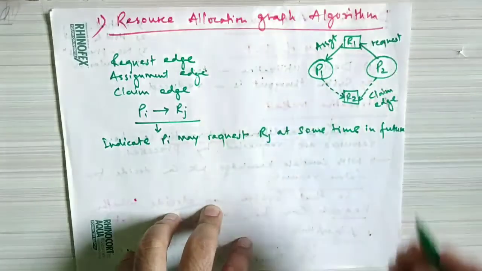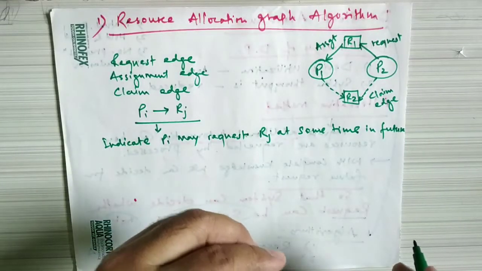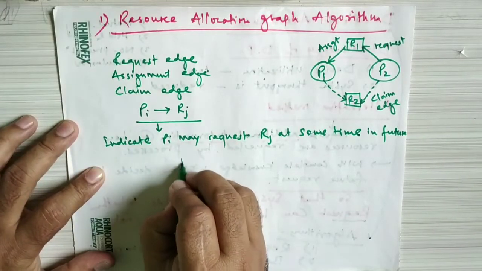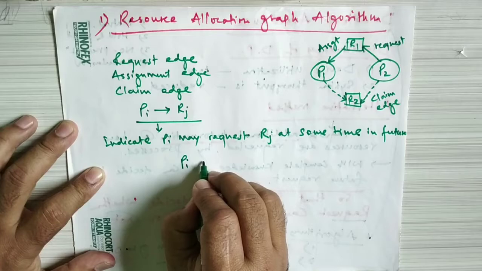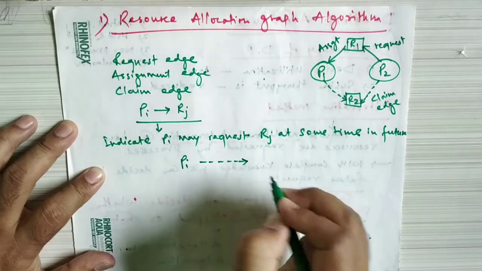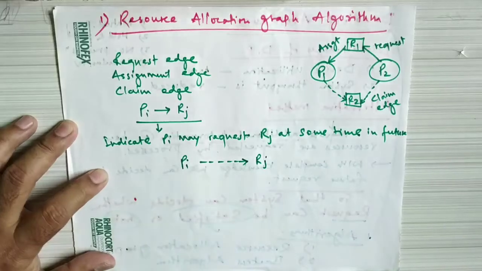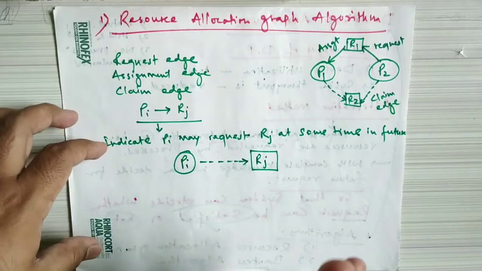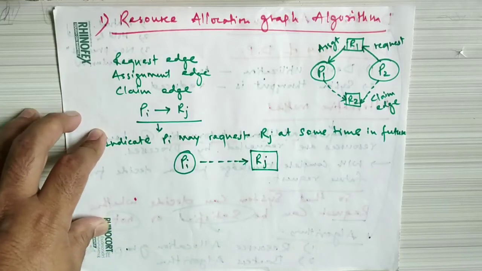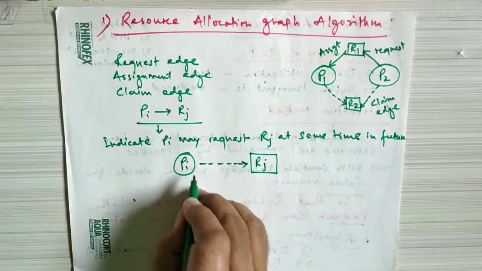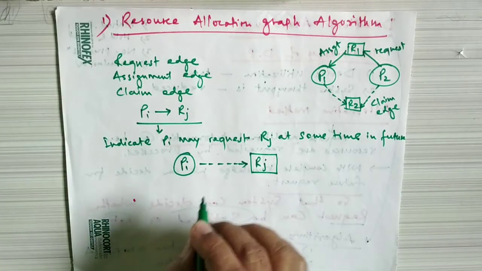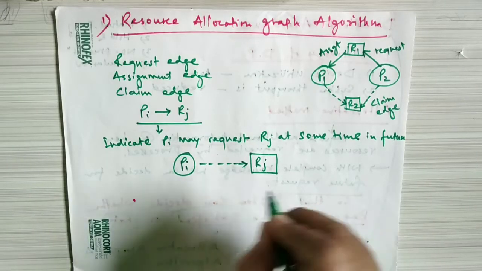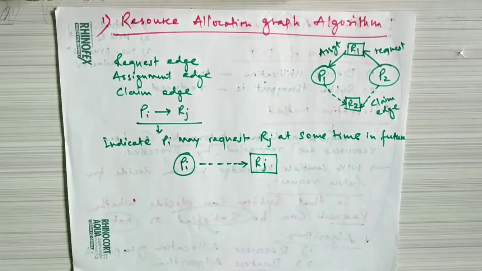After the request, if the request is granted, let's learn with the same example: process Pi, first of all the claim edge comes for the resource Rj. So this is the process and this is the resource. The first journey is the claim edge: process Pi may request resource Rj at some time in the future.